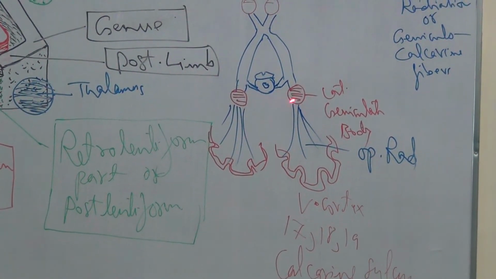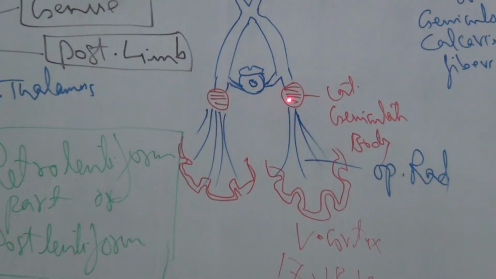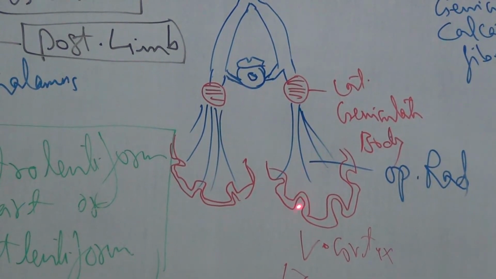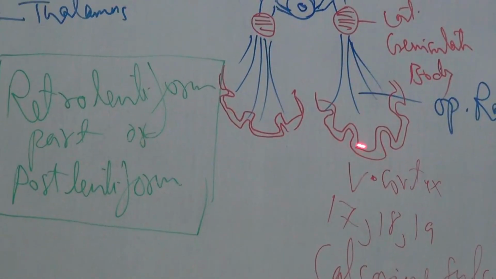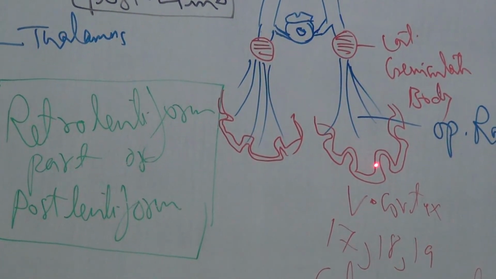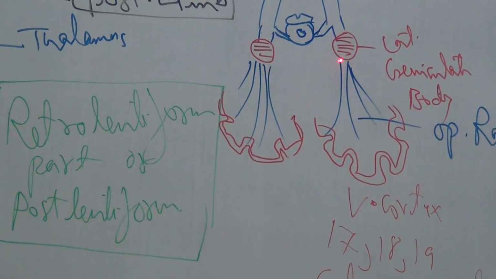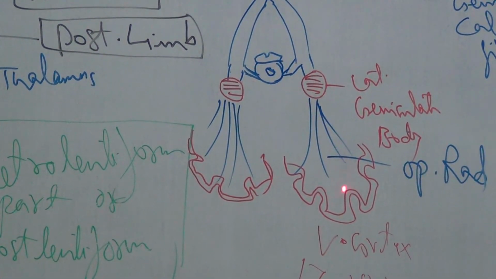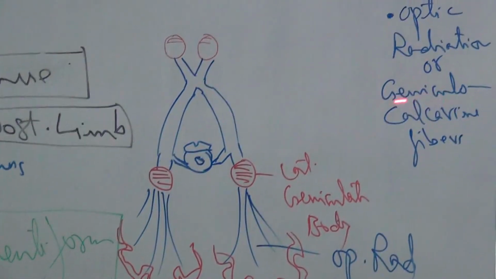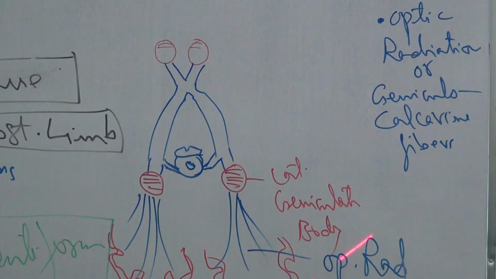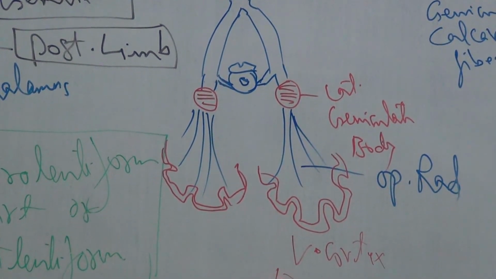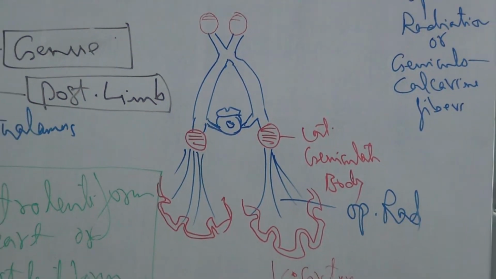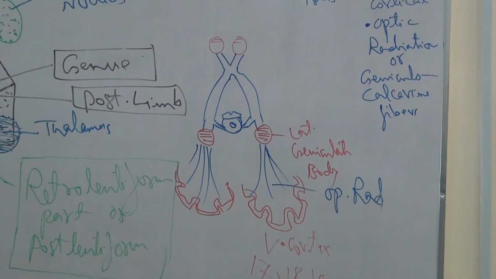So you can see the fibers arise from the lateral geniculate body and, in the form of optic radiation, terminate in the visual cortex located in the calcarine sulcus. These fibers between the lateral geniculate body and the visual cortex are known as the optic radiation, also known as geniculo-calcarine fibers, from the lateral geniculate body to the calcarine sulcus, where there is the visual center, area 17, 18, 19.